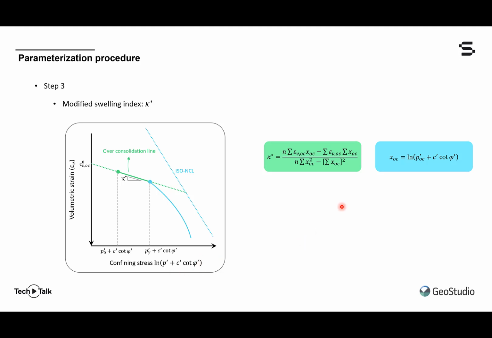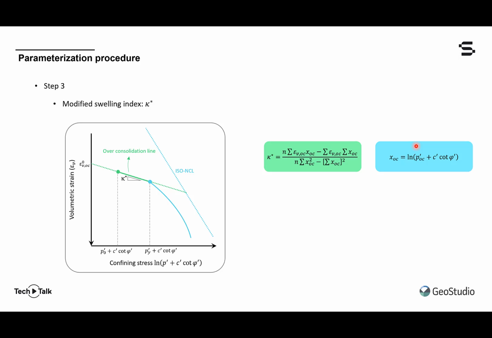And you'll see here that in this formula is this other term called x, lowercase x, subscript OC for overconsolidation. And it is in here that we need to lock into a specific value of mean effective stress at which that intercept is taken. That is normally 1 kilopascal, but it does not have to be.